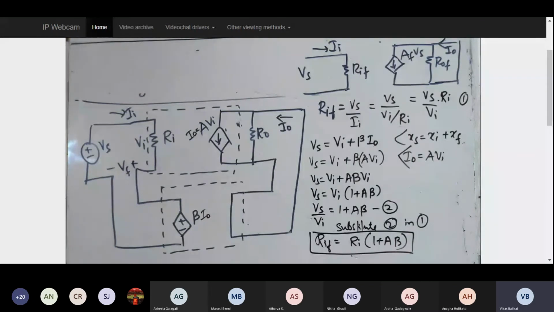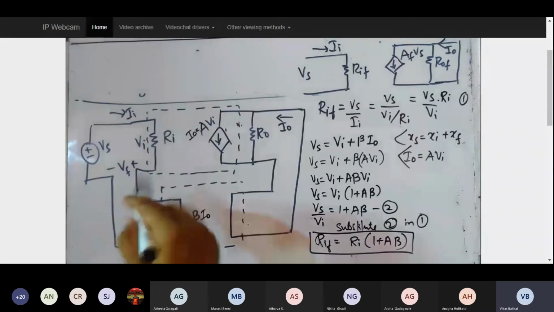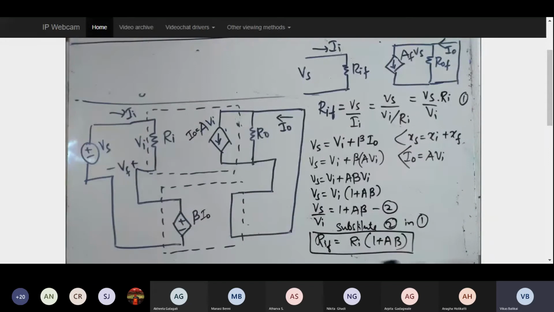And yesterday the input side was mixed in a series format, and today's circuit also it is getting mixed in the series format. Hence, my resistance with feedback has taken the term Ri multiplied by 1 plus A beta. Is that clear? Reply me. Any doubts over here? Try to remember the same master equation.